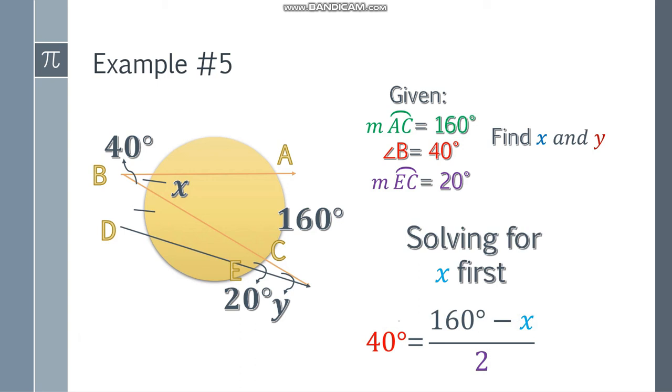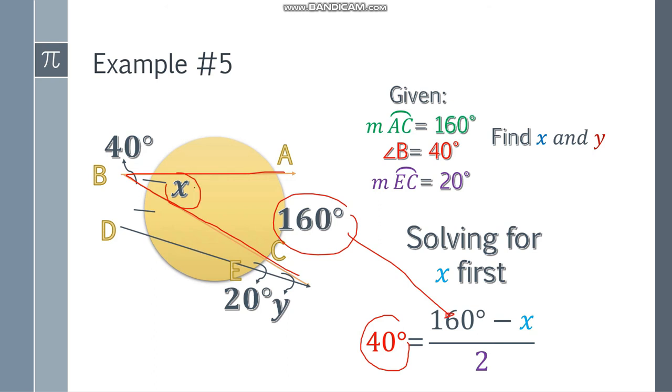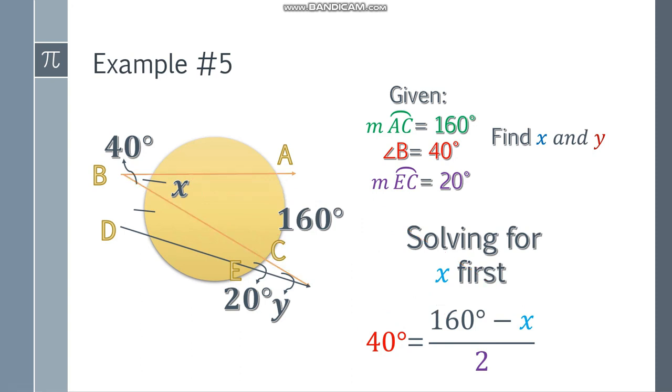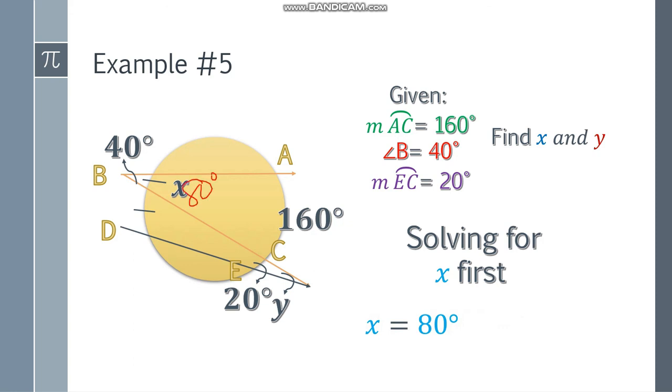We have 40, that is the exterior angle, 160 for the larger arc, and x, the smaller intercepted arc, will be here. So let's solve for the value of x. Multiply both sides by 2, you get 80 is equal to 160 degrees minus x. So x is 80 degrees, so we can change this one to 80 degrees.